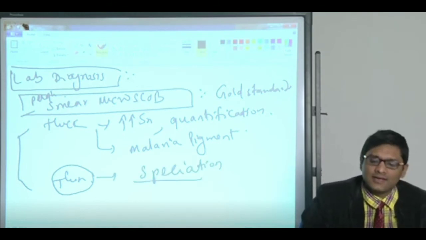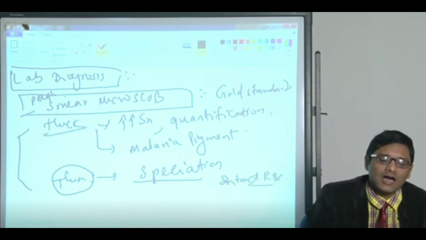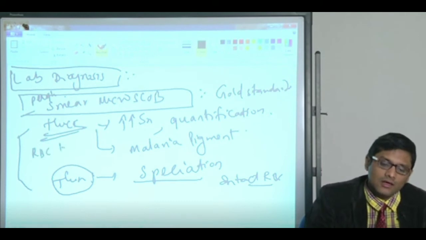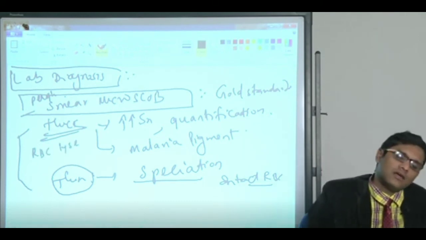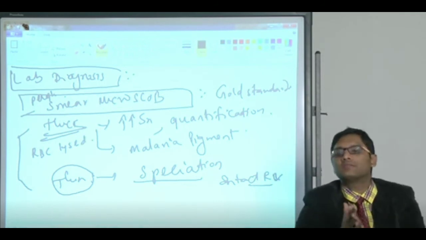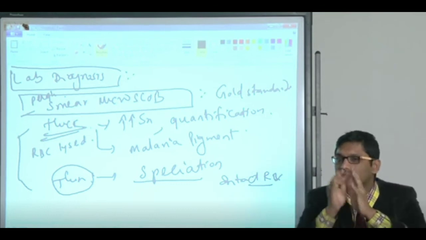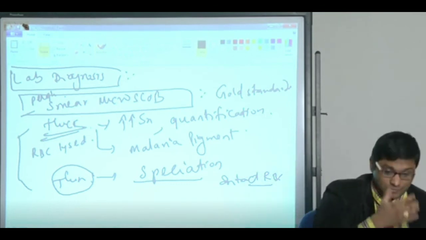For speciation, intact RBCs are required, and in the thick smear the RBCs are lysed. While you prepare the thick smear, the RBCs will be destroyed, hence the intact RBCs will not be there. For speciation you need intact RBCs so that you can know which species is inside.